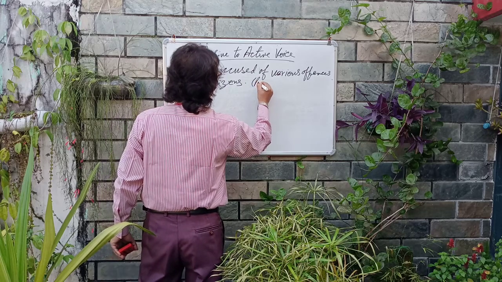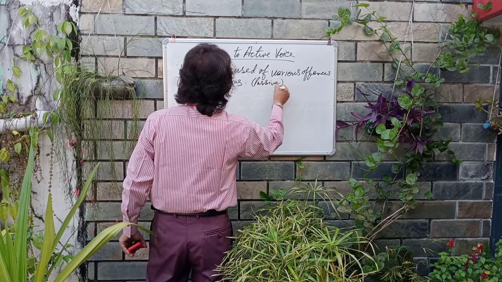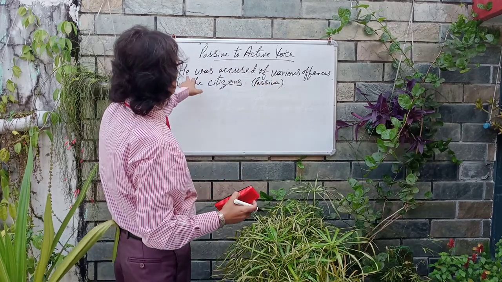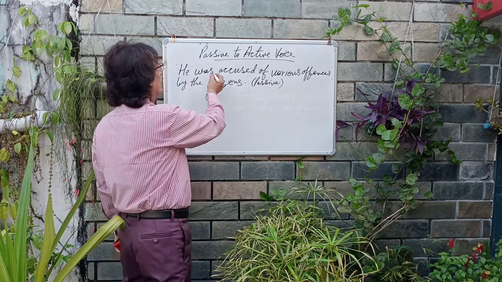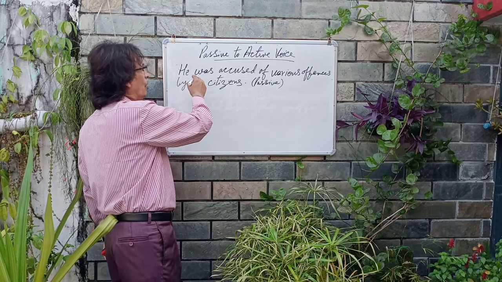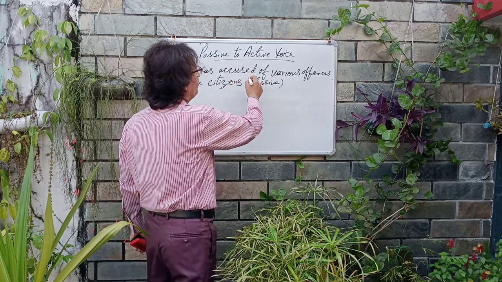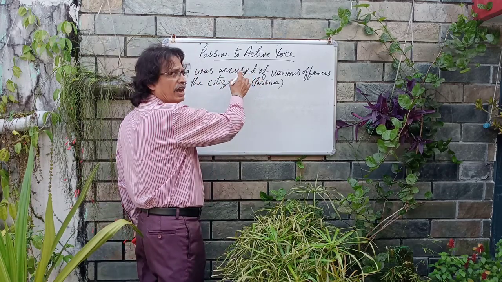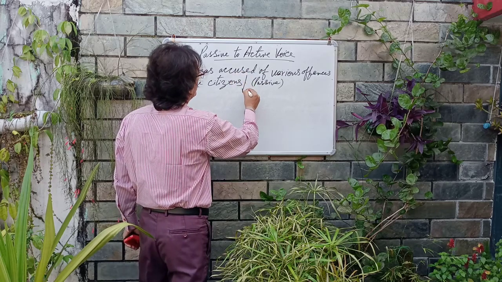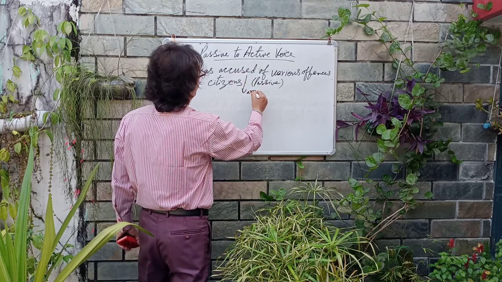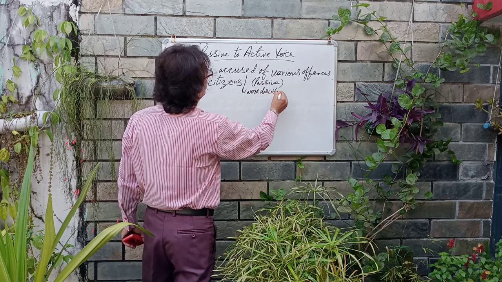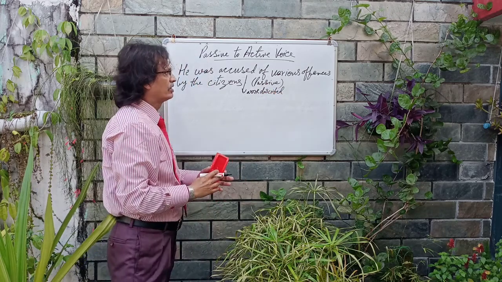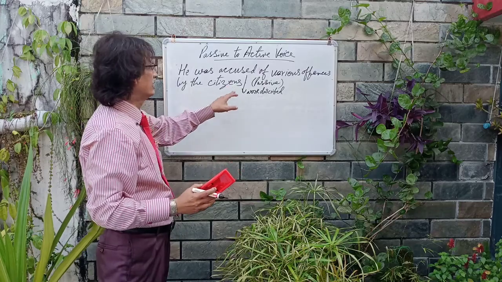Passive voice. Again, because though it is starting with he, but he was accused. So helping verb is coming before and then the main verb, and it is describing the work. So it is work described again. He was accused of various offenses by the citizens.